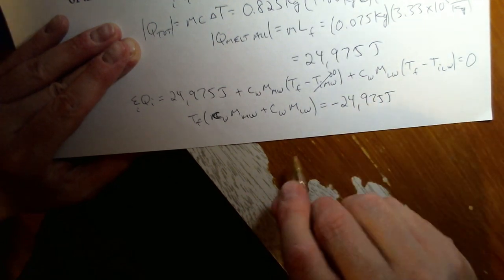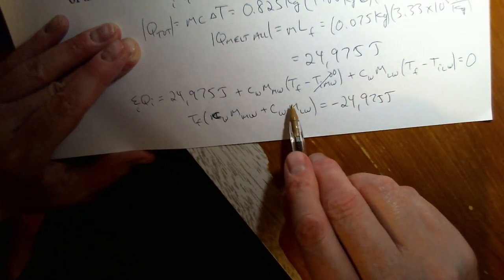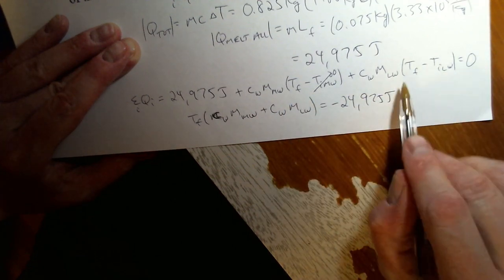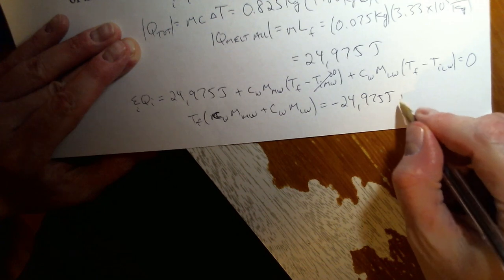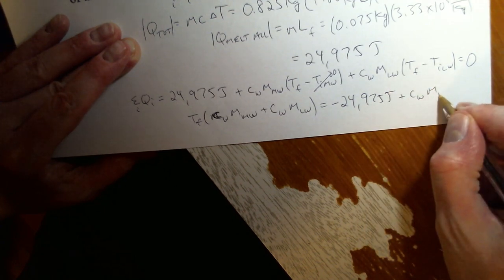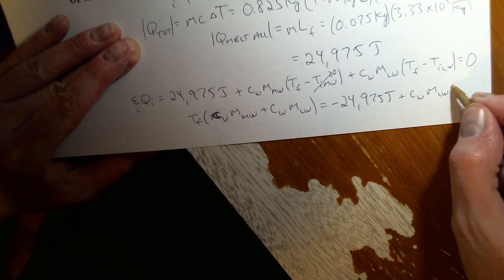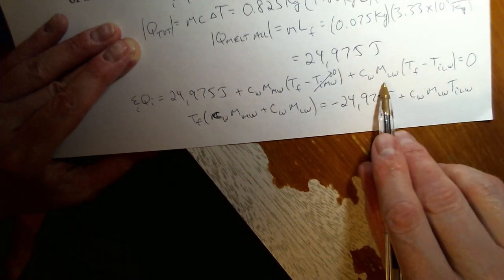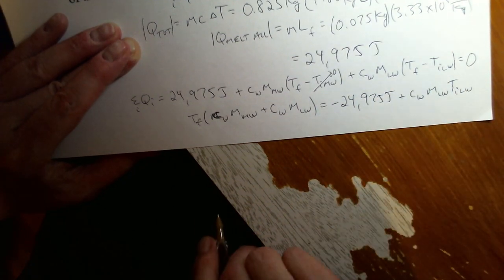So I subtract 24,975 joules from both sides, and I add, see this has T final, that's 0, this has T final, so I add T initial liquid water times C water times the mass of the liquid water, because that was minus, I added it to both sides, so I get a plus.